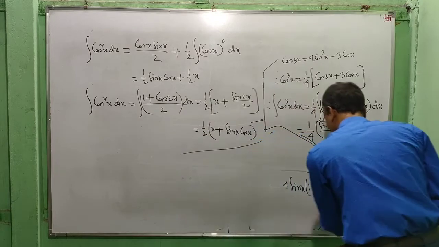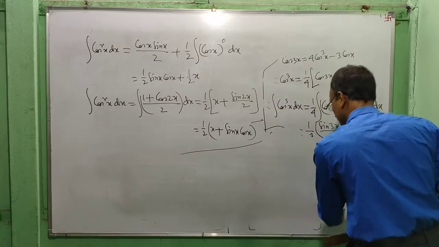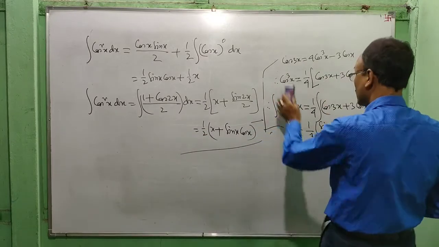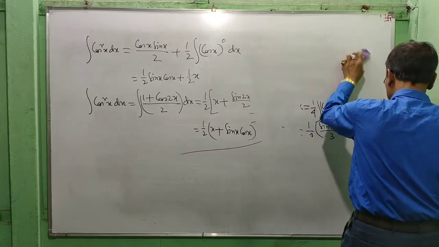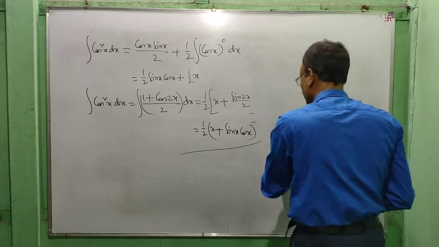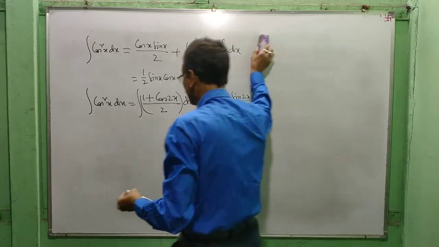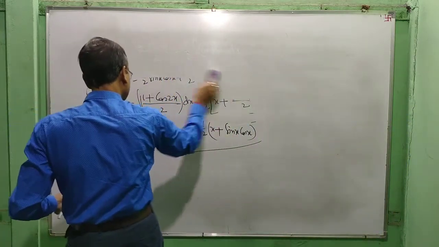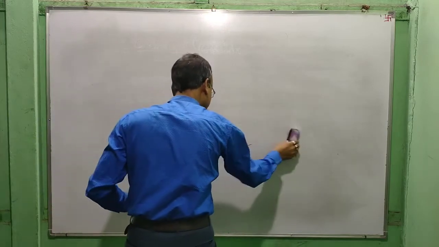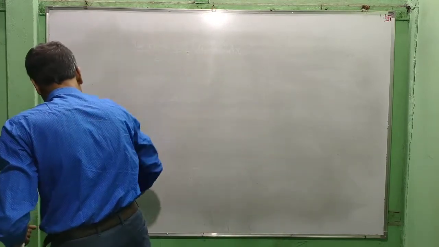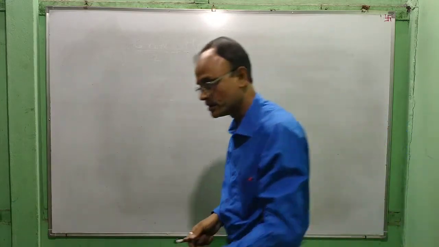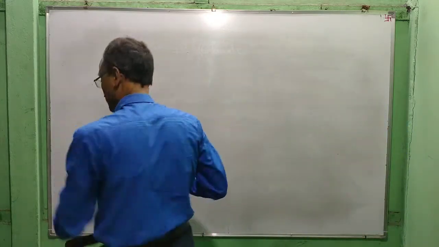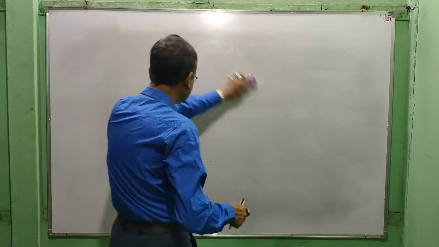Now, for a definite integral, when the integration is from 0 to pi by 2, an important result may be found.